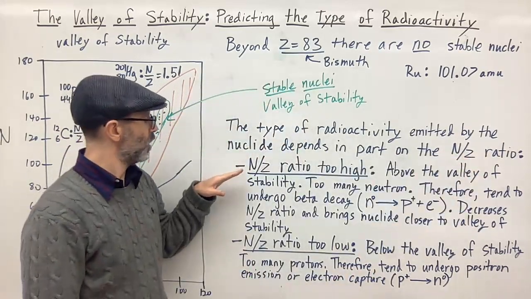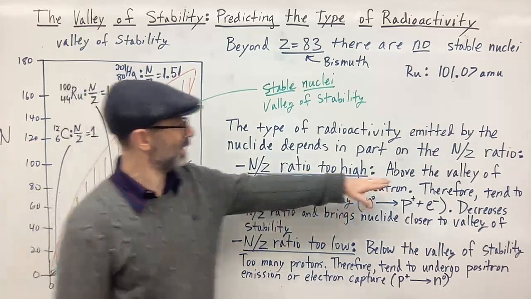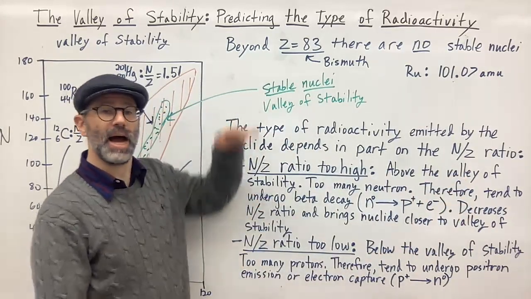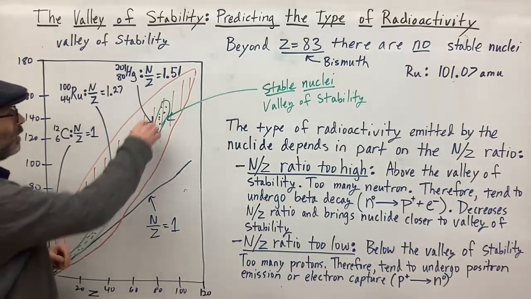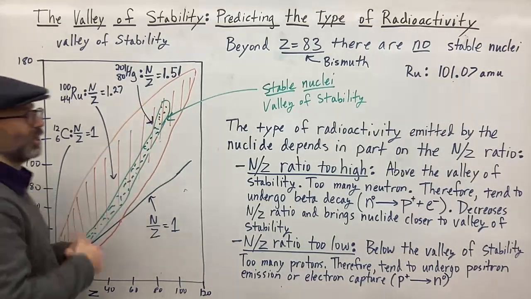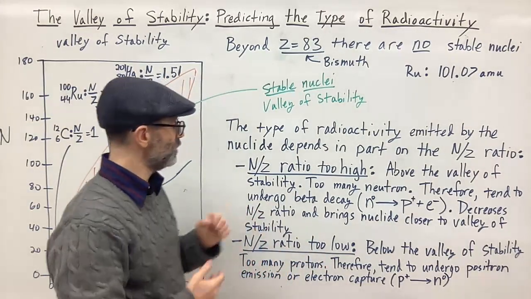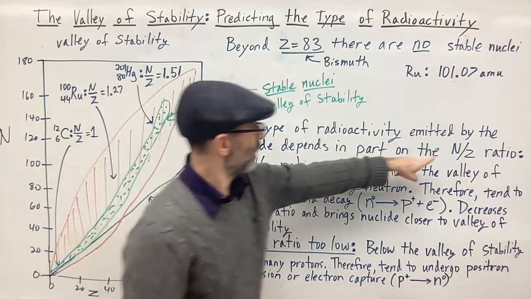So what if your neutron to proton ratio is too high? Well, that means that you're going to be above the valley of stability. You're going to be up here somewhere, right? Well, how do you get down? That means we're going to have to decrease the ratio. Well, you decrease the ratio by decreasing, where's the ratio?